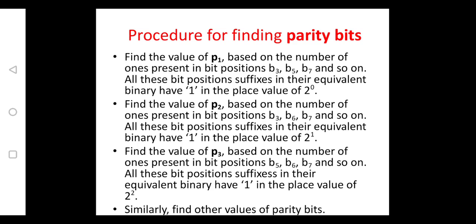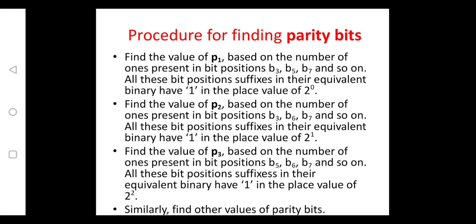The maximum number is 7, and the binary equivalent of 7 is 111. So write down each decimal number as its equivalent of 3 bits. 1 is 001, 2 is 010, 3 is 011, and parity bits should be placed at powers of 2.